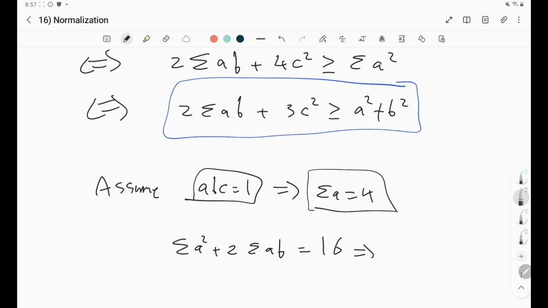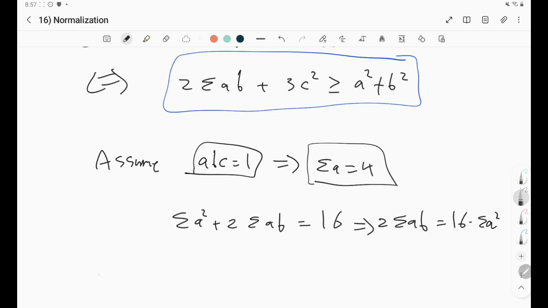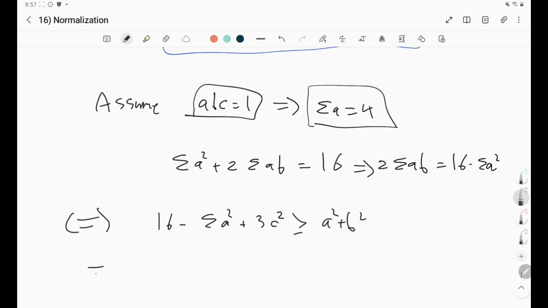So let's do that. We're going to substitute 2 sigma AB with 16 minus sigma A square. Let's go ahead and substitute that. So what we want to prove is the same as 16 minus sigma A square plus 3C square is greater than or equal to A square plus B square. Okay, let's fix this. 16 is still here, minus A square minus B square minus C square.